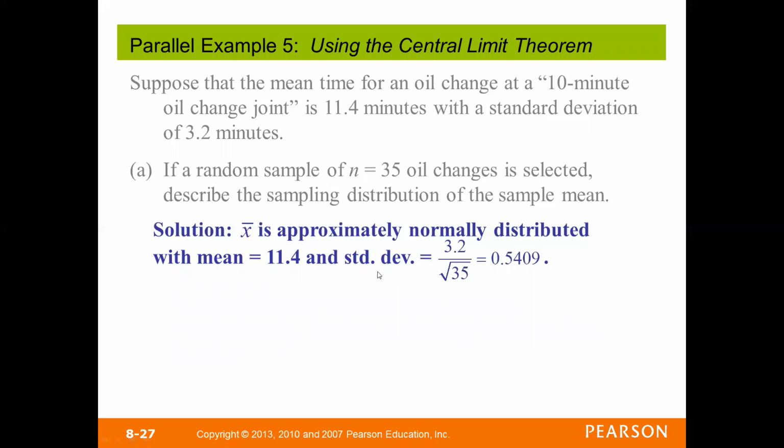And so we'll get a standard deviation of the sampling distribution equal to the standard deviation of the population divided by the square root of the sample size, which is 0.5409. So we know from this process, because we took a sample of size 35, that regardless of what the underlying distribution looked like, the sampling distribution of the sample mean is approximately normal with a mean of 11.4 and a standard deviation of 0.5409.